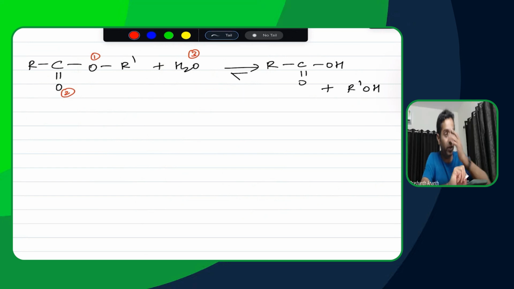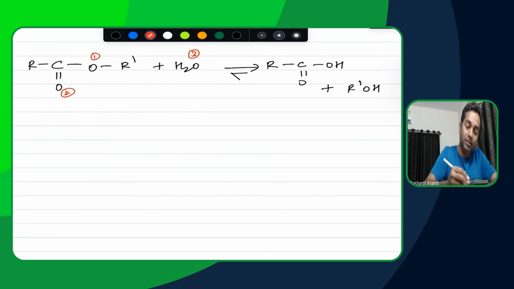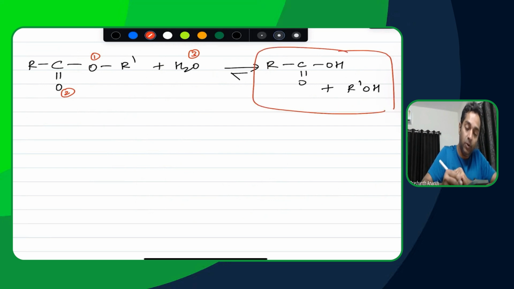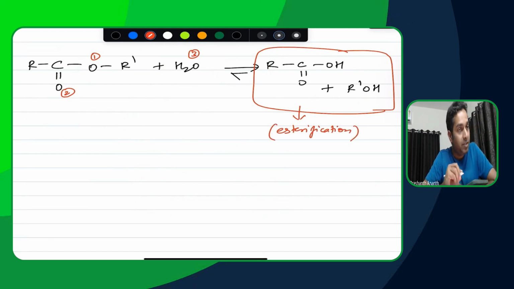All right. So what is the actual reaction which you need to understand here? This is called the esterification reaction. You have not done the reaction mechanism yet, so I'll give you the answer for this.